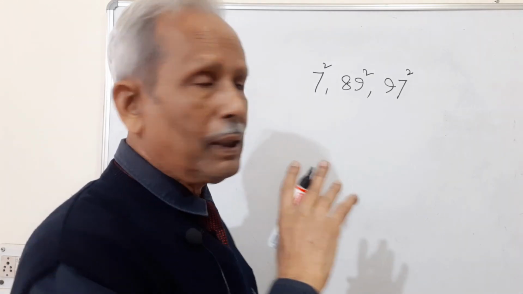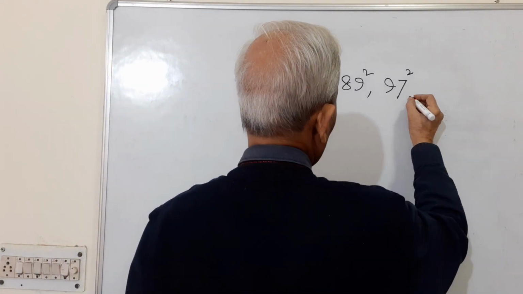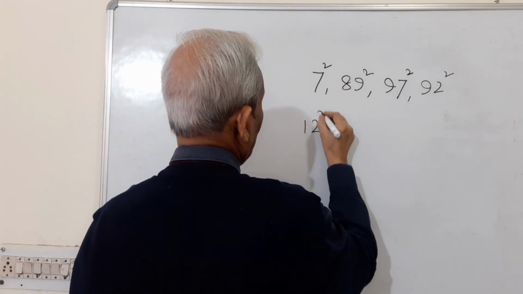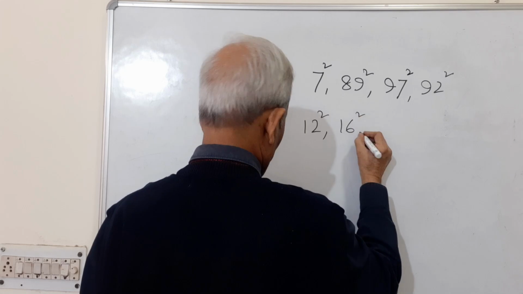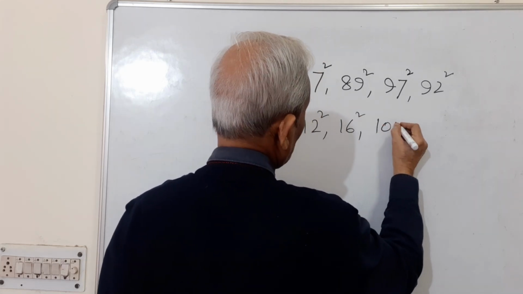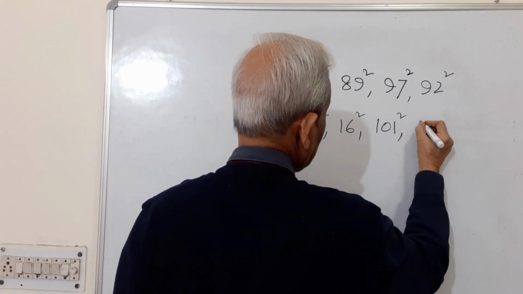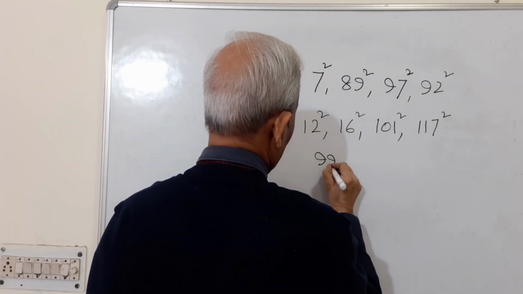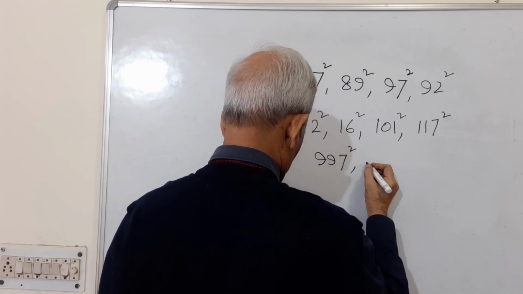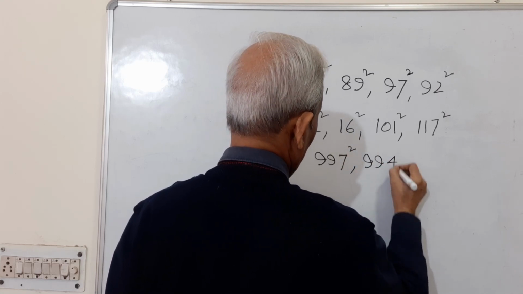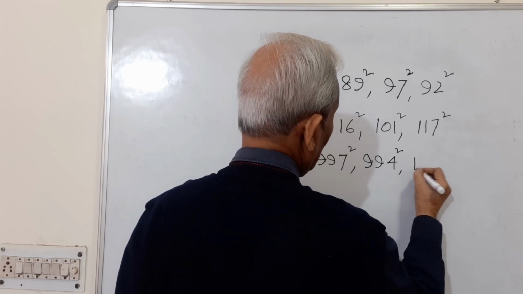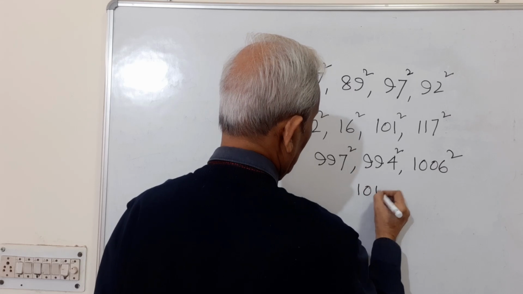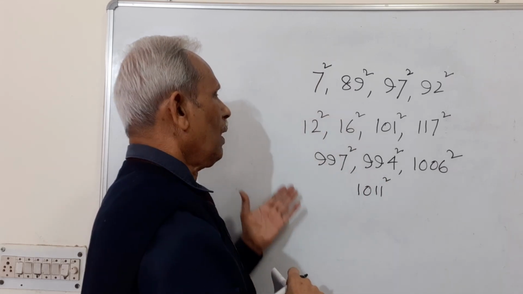Otherwise, you have to follow this method which I have told you here. 92 square, 12 square, 16 square, 101 square, 117 square, 997 square, 994 square, 1006 square, and 1011 square. So many problems, but problems are very easy.